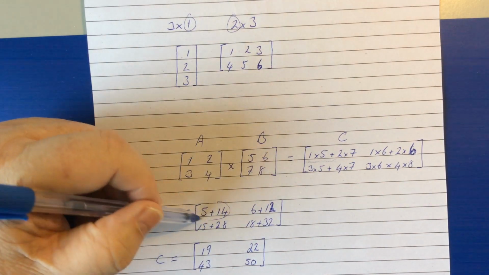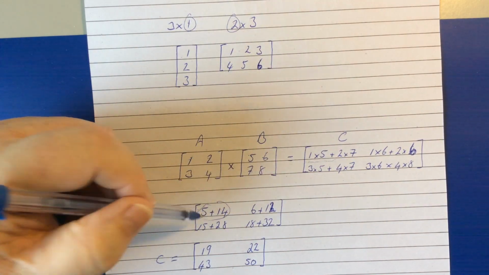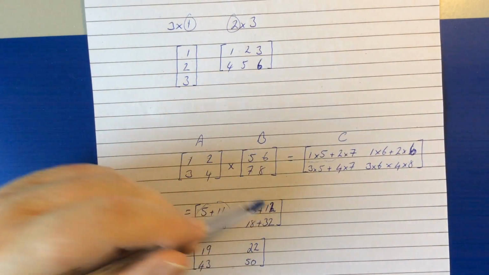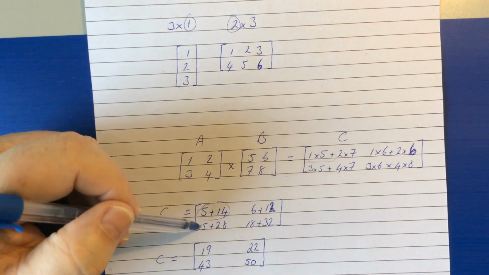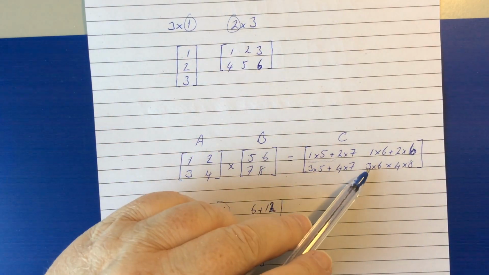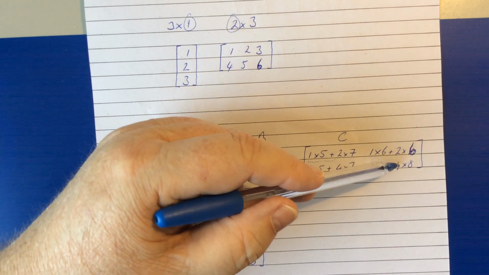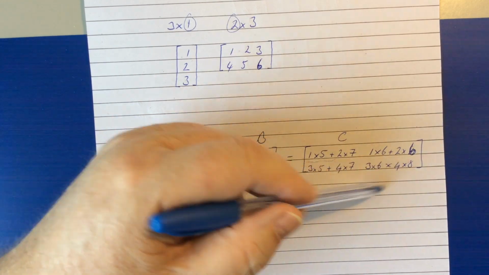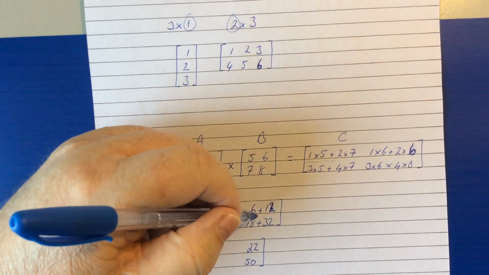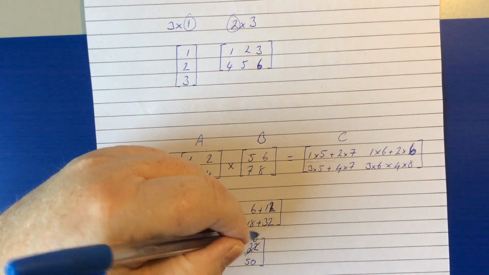So that goes there. 6 and 12, because of my mistake there, 6 and 12, not 6 and 16. 15 and 28 goes there. 18 and 32 goes there. And so we get 5 and 14, which is 19, 6 and 12, which is 18.